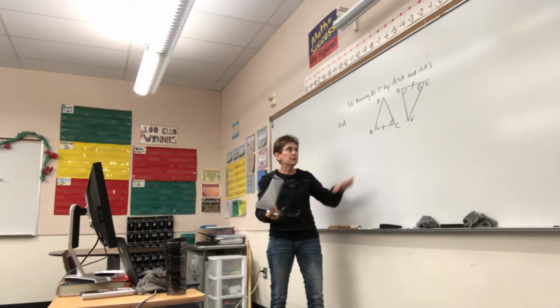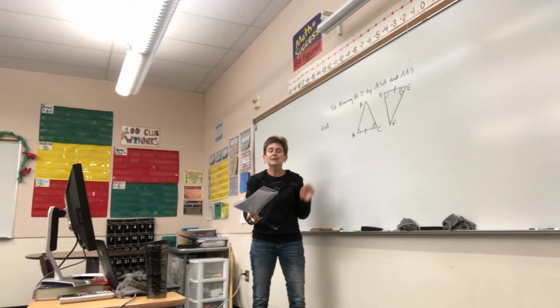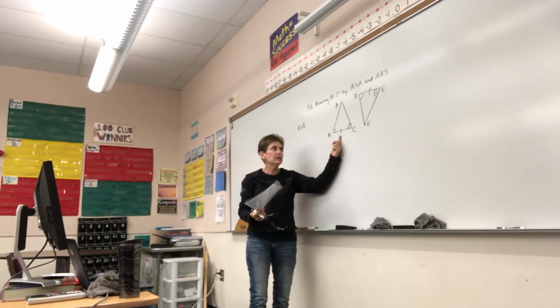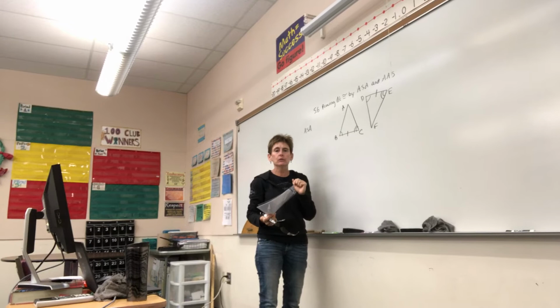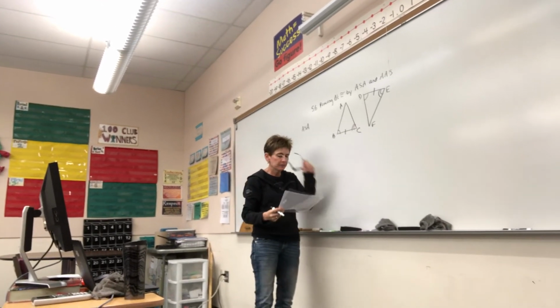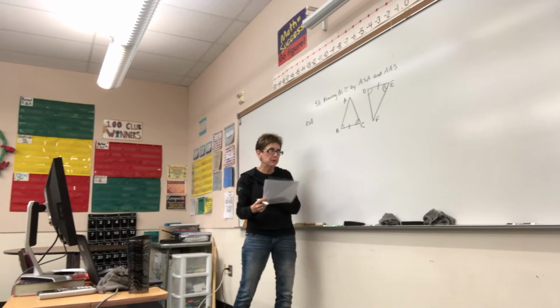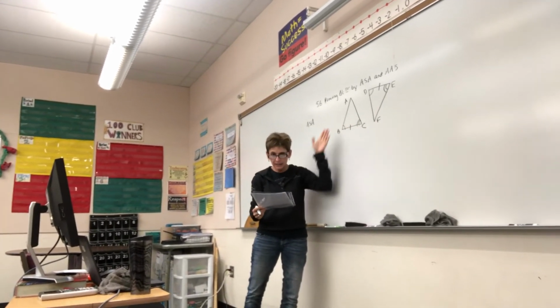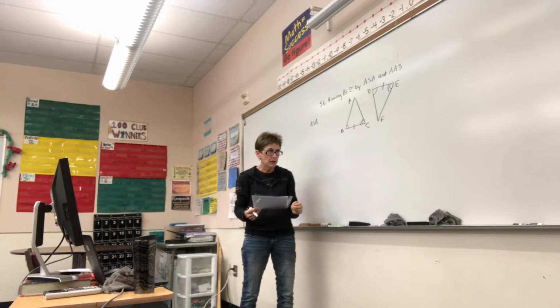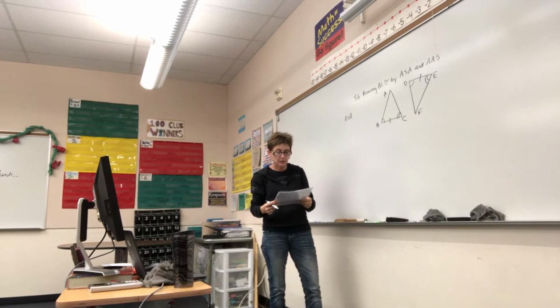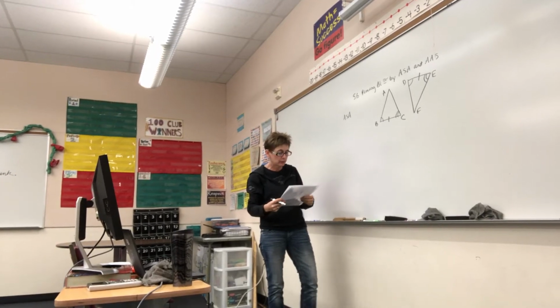Now, the concept of included side is very similar to the concept of included angle. An included side is between the 2 angles, just like the included angle was between the 2 sides. All right, so that would be the ASA congruence theorem. If this is the kind of picture that you can draw with the theorem, your proof that you're working on, you can use ASA congruence theorem as a reason for stating the triangles are congruent.